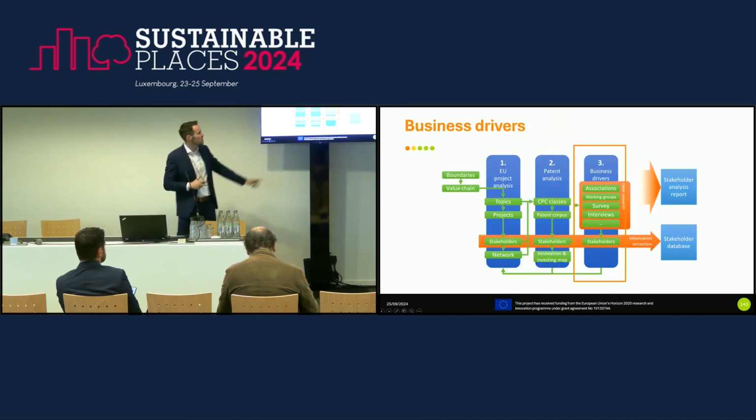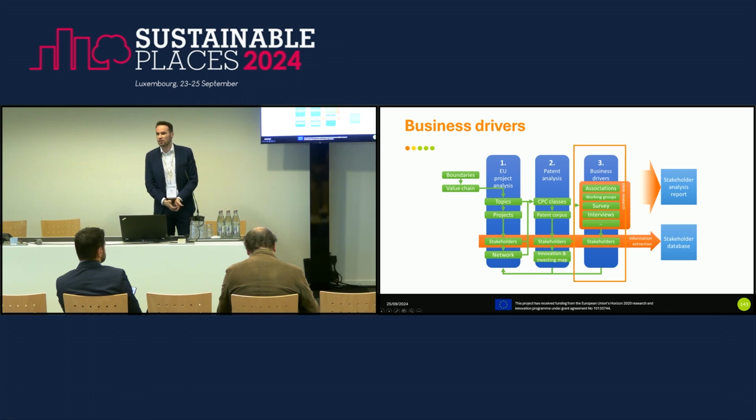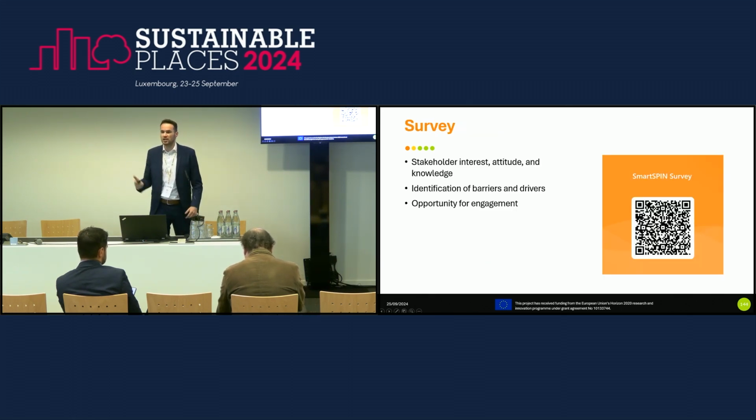What you can also see is that we performed a survey to get insights into the business drivers of these stakeholders. The first iteration has been conducted in the beginning of the project.